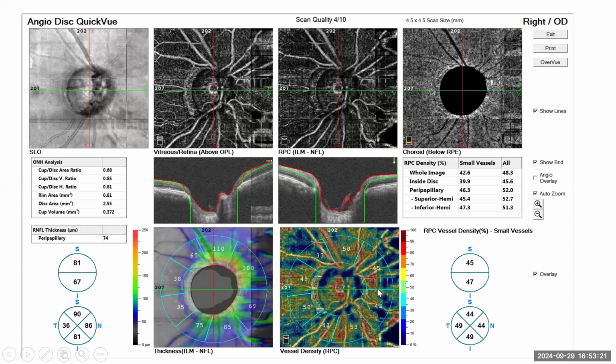So I'll go to the next scan, and then I'll go over this again. You will remember that on this map, the average is 45 for the superior and 47 for the inferior. If you take an average of everything here, it will be 46 for this eye, okay?